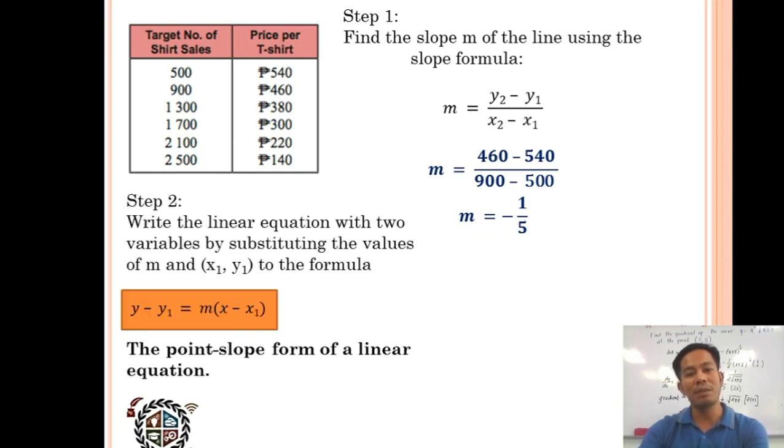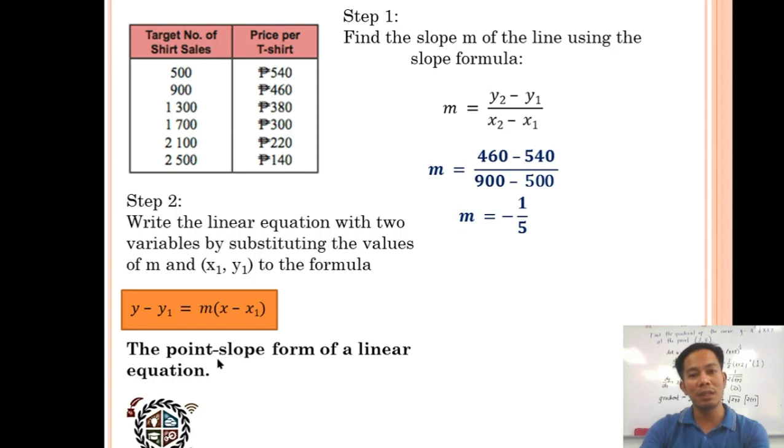Okay? Ang step number 2 mo, gagamitin mo yung tinatawag nating point-slope form of a linear equation. This is a formula na ginagamit to find out yung equation of a line. Okay? To find out the equation of a line, kapag ang given ay meron kang point at meron kang slope.